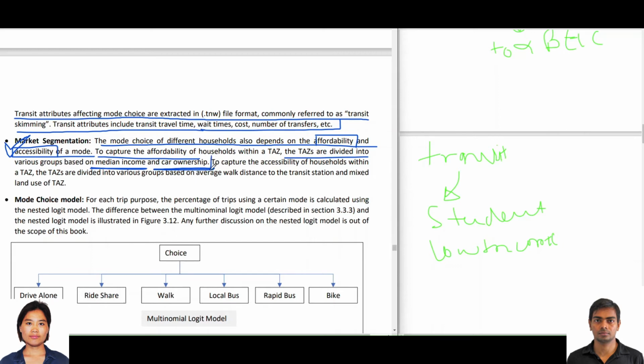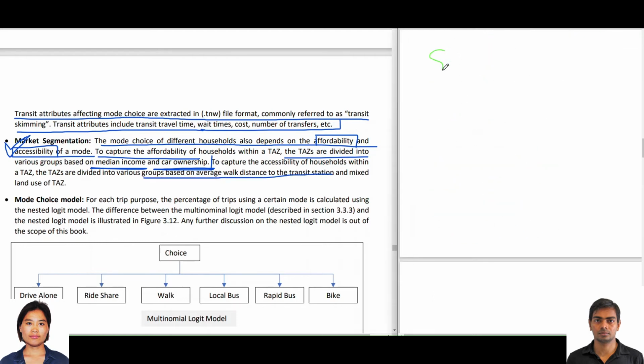Now the second one is to capture the accessibility. We use the walk distance to the nearest transit station. Let's say there is some residential area here and the nearest transit station is 5 miles away. Then it's less likely that they are going to walk or bike 5 miles to take the transit.